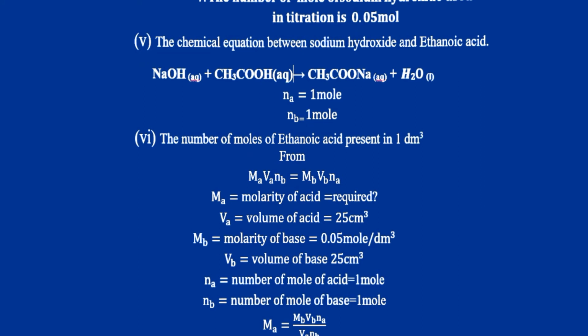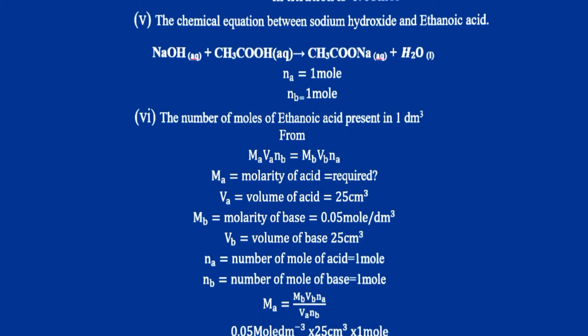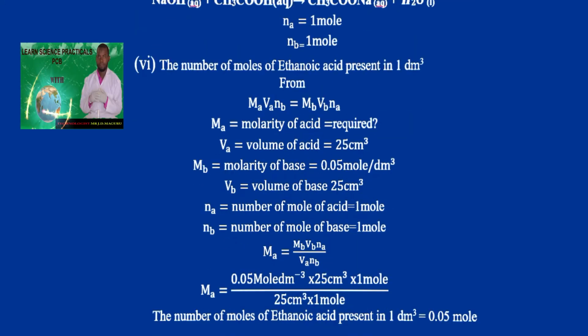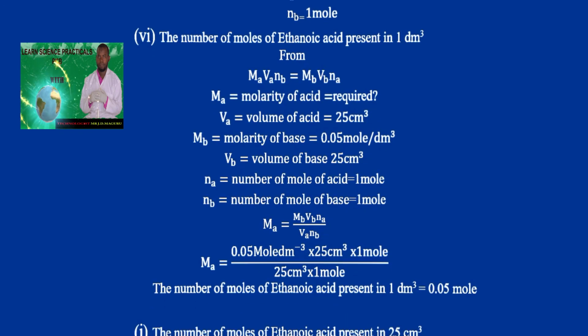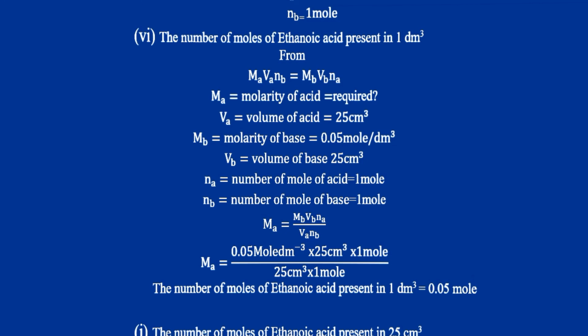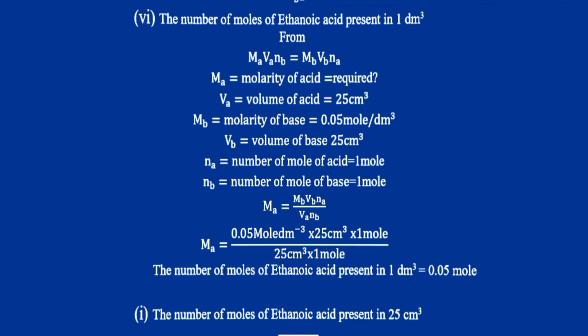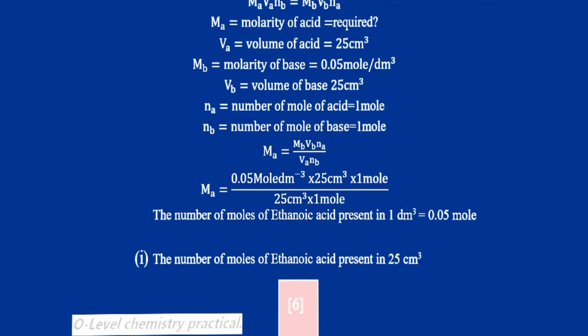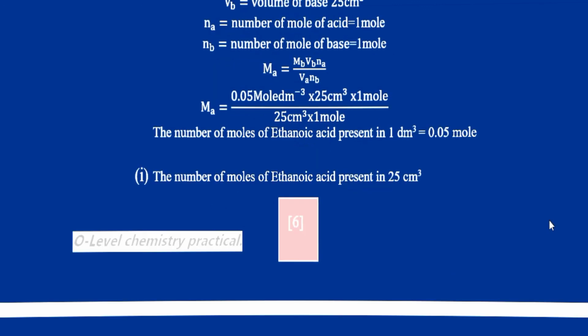What is the number of moles of ethanoic acid present in 25 mL? If 1 liter has this amount, what would the moles be in that 25 mL? Let's check our calculations. If 0.05 mole was in 1 liter, how many would it be in 25 mL?